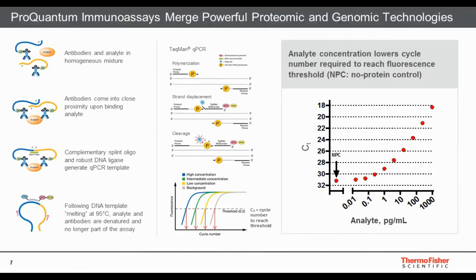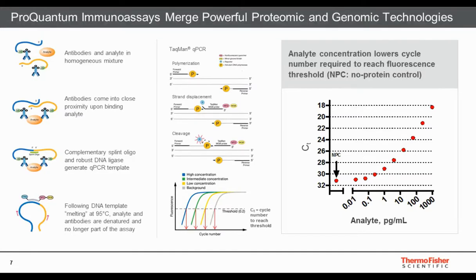Then, following a melting temperature of 95 degrees Celsius to inactivate the ligase, the analyte and antibodies are denatured and no longer part of the assay. Now this is simply a DNA assay with 40 cycles of TaqMan qPCR for detection and amplification of the nucleic acids.